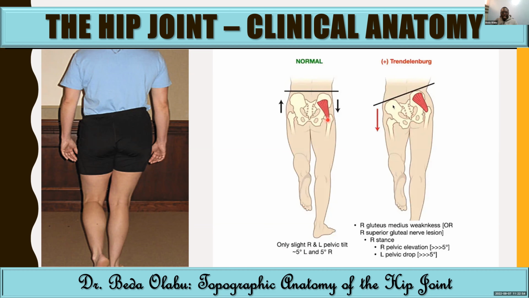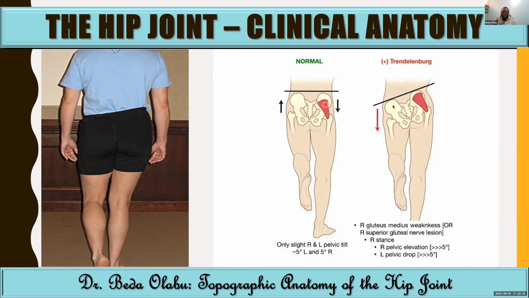Remember, the contralateral hip abductor is the one which contracts, so that we don't have significant tilting of the pelvis when you lift your limb off the ground. So the pelvic tilt should be very minimal if the limb is lifted off the ground.